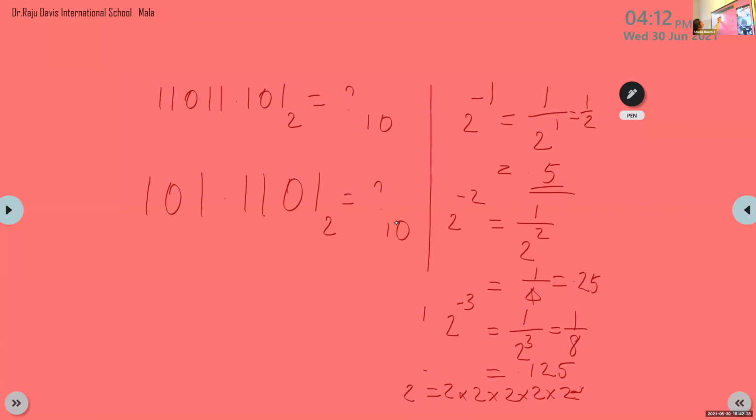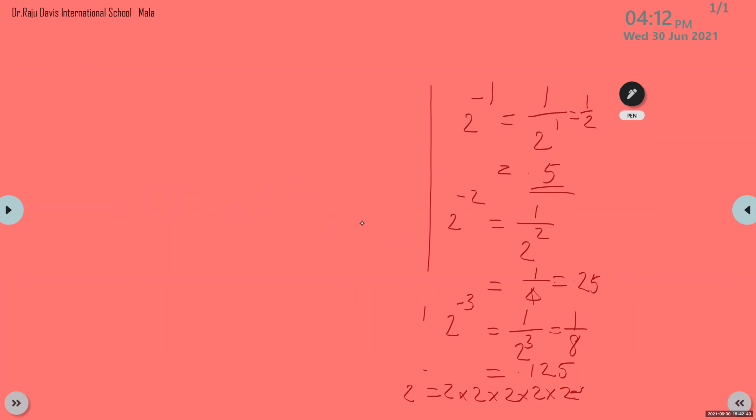Renil, listen carefully. The question is 101.1101 to the base 2. Here the position value is 2 raised to 0, 2 raised to 1, 2 raised to 2. After the point, we write the position value as 2 raised to minus 1, 2 raised to minus 2, 2 raised to minus 3 and 2 raised to minus 4.